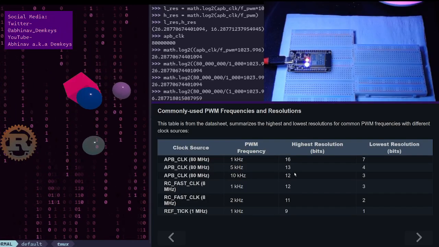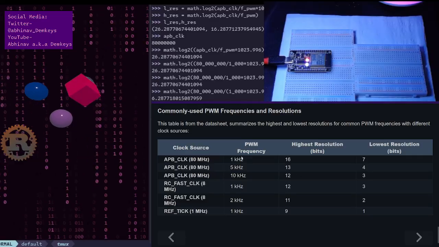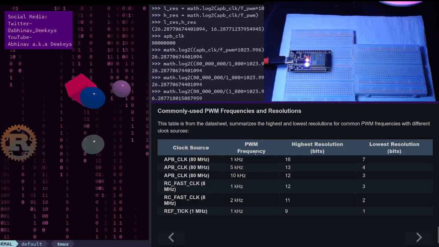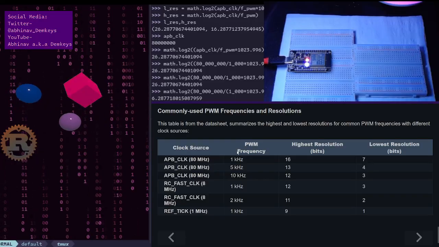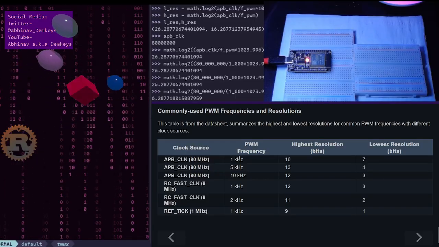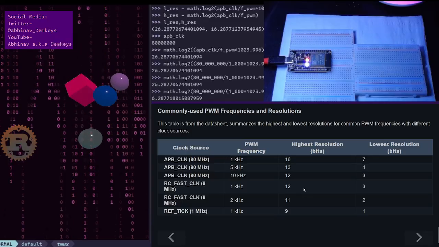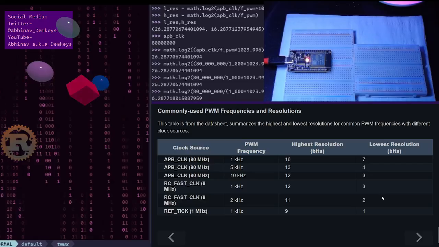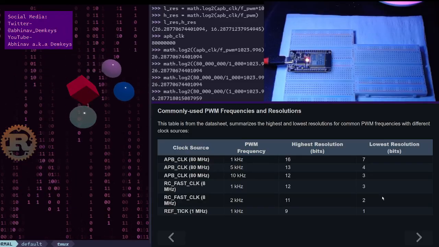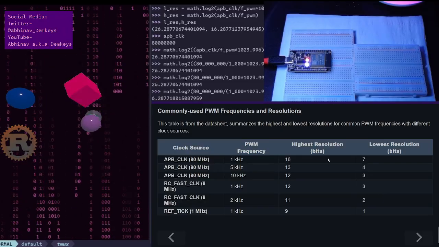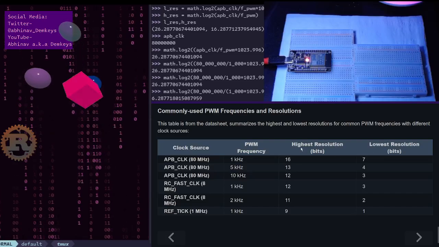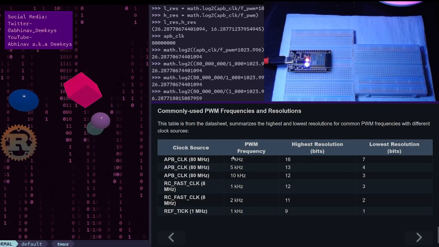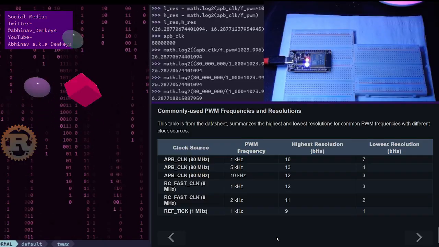So for example, let's say I set the PWM frequency to 1 kilohertz, but then I try to set the resolution to maybe, actually, we have to be between the highest and lowest resolution, right? We cannot set something lower than the highest resolution because otherwise we won't be able to do 1 kilohertz.